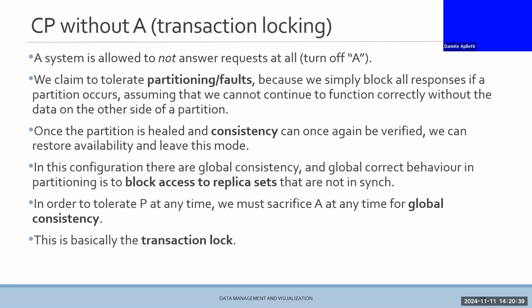So CP without A is called transaction locking. I will show you what transaction locking is and how it's addressed in relational databases, because relational databases use this approach historically. Nowadays, with this hybridization process, it's not like that anymore. But historically, relational databases relied on transaction locking.